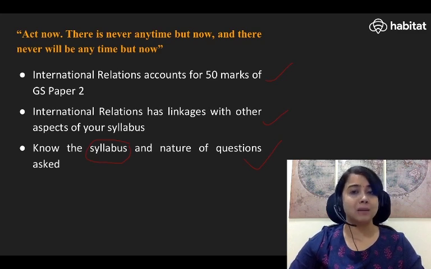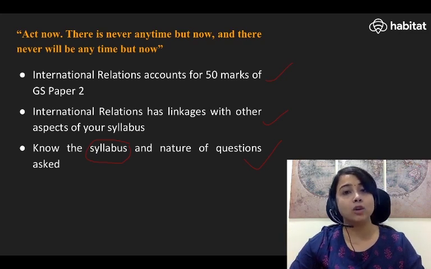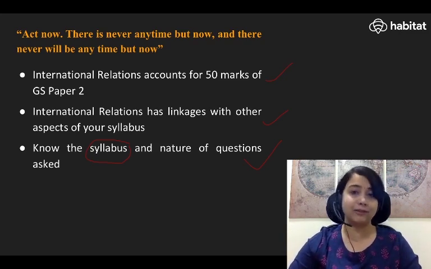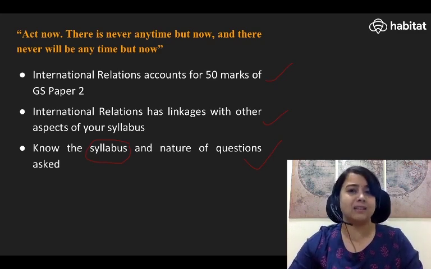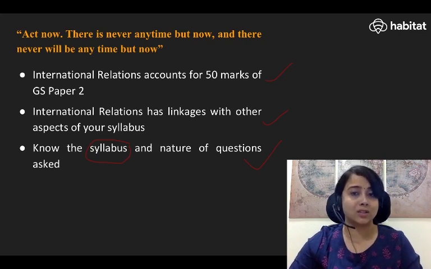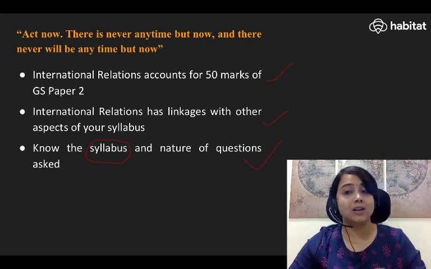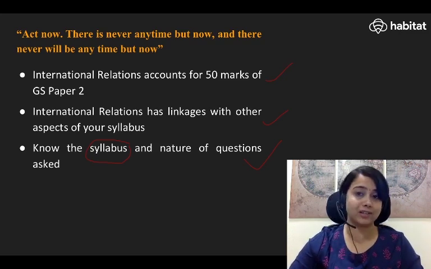To give you an example, there was a question in the 2020 paper on the comparison between the Indo-US and the Indo-Russian defense deals. Now, there were no significant Indo-Russian defense deals in the last 1 or 2 years. However, it was asking us to reflect upon the nature of the Indo-Russian defense deals.